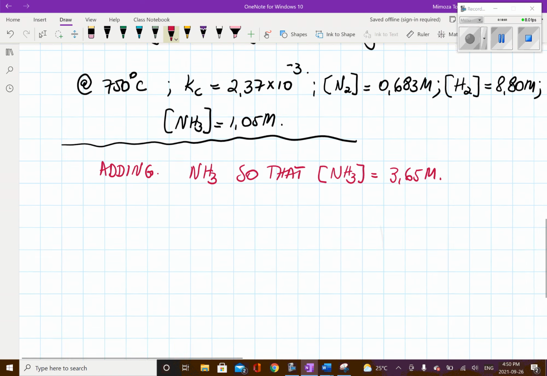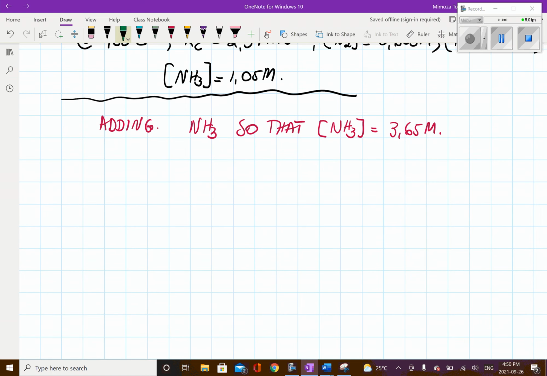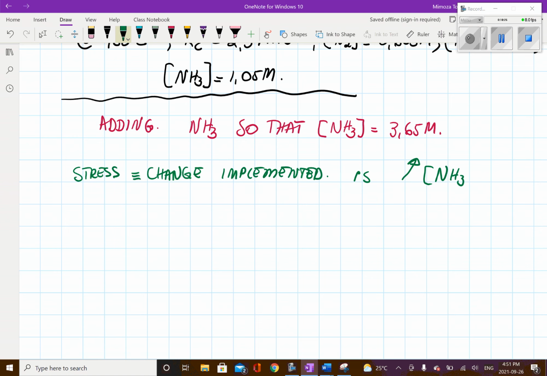Okay, so the stress that is applied, or the change that is introduced to the system in equilibrium, is the increase of the concentration of NH3.